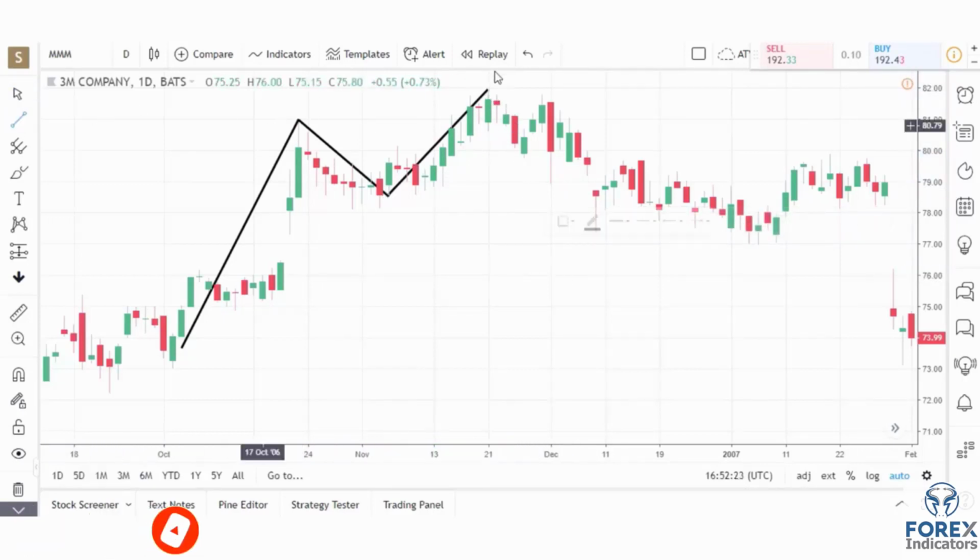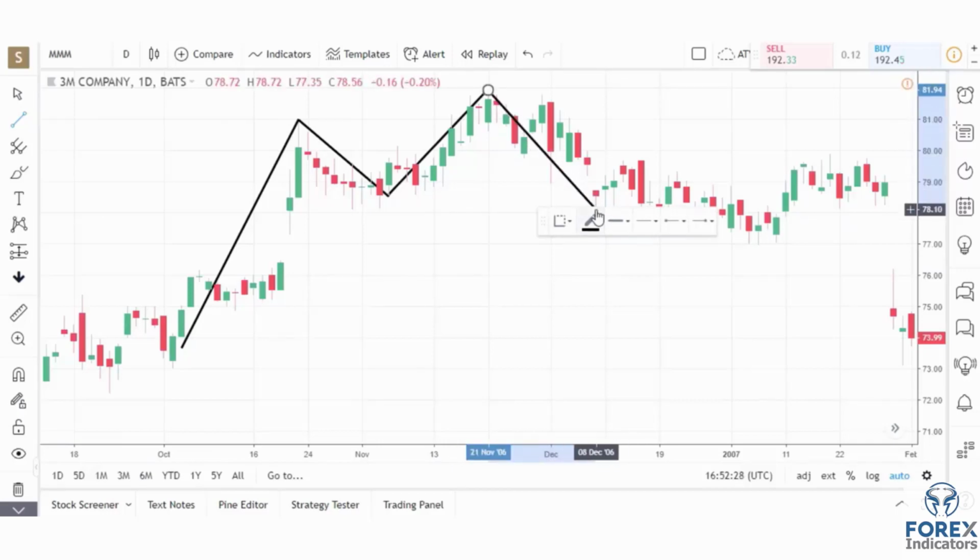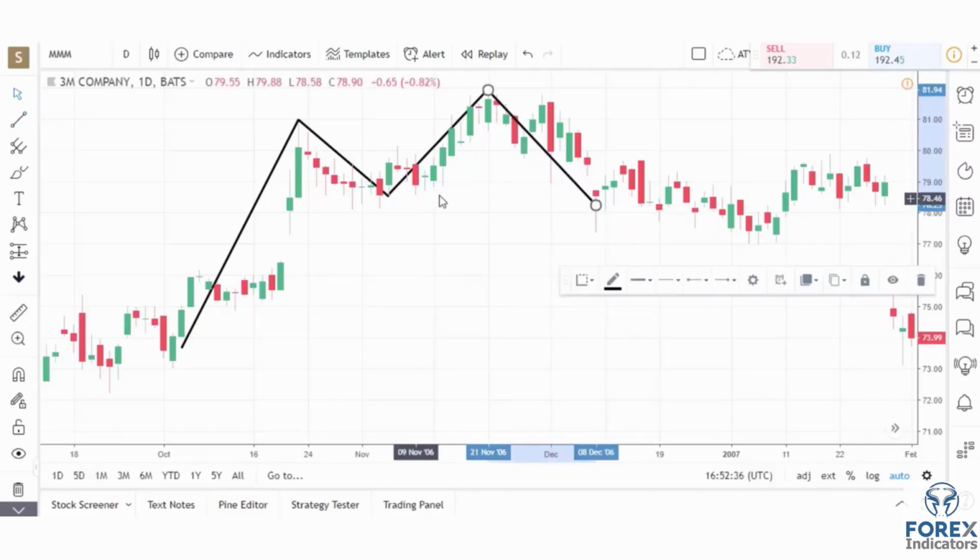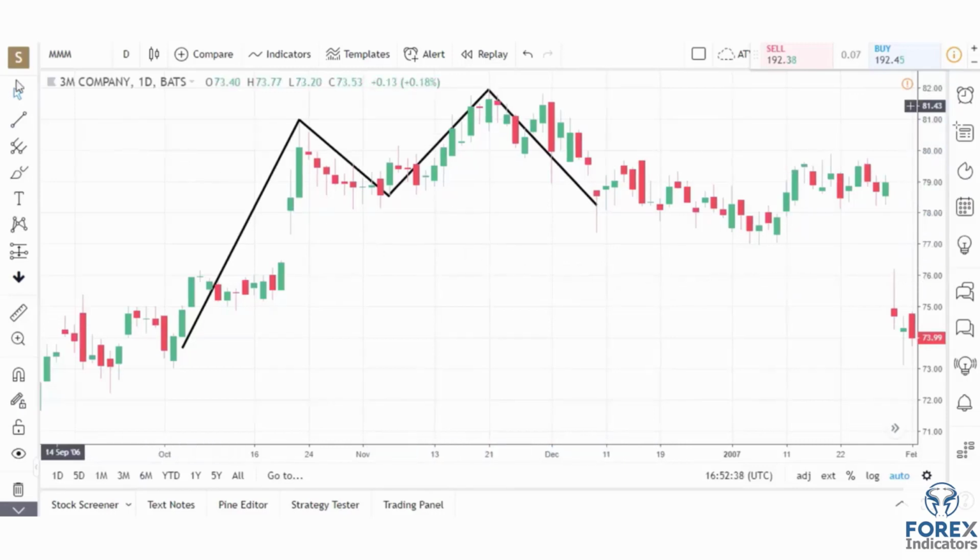The stock pulls back again to this level, attempts to rise, and our second shoulder, it doesn't get quite as high as the first shoulder, and then the stock moves down.